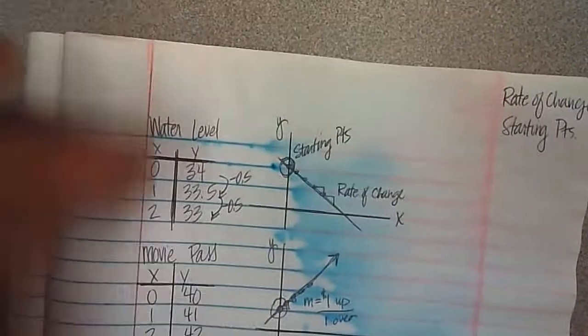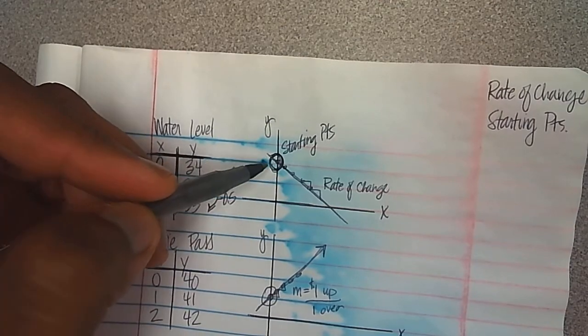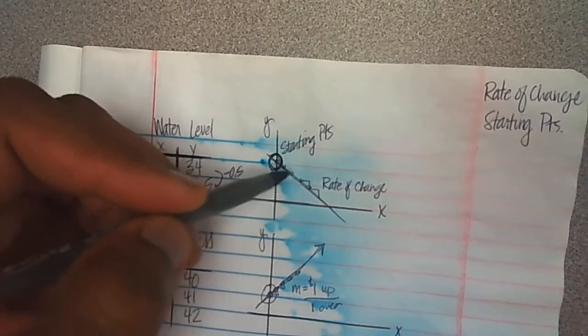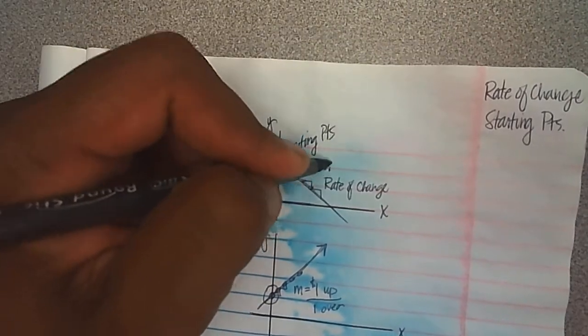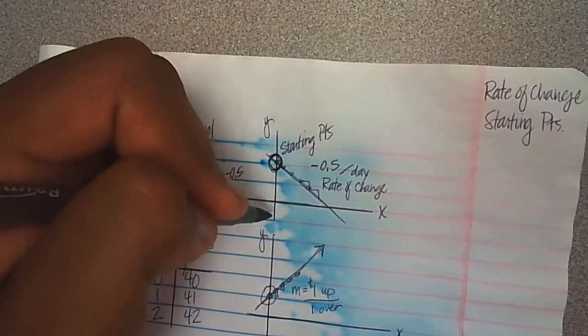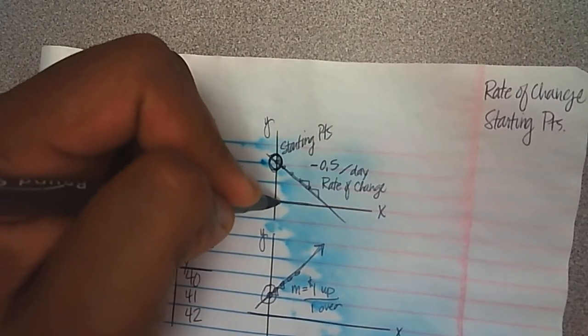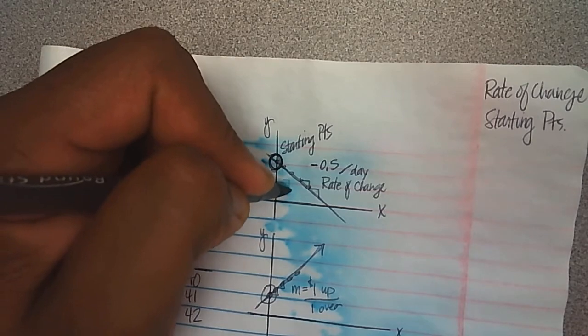So once again, your starting point is where it crosses your y-axis, and your rate of change is how much it changes. So this went down half a foot for each day. So every day you go over, it dropped down half a foot.